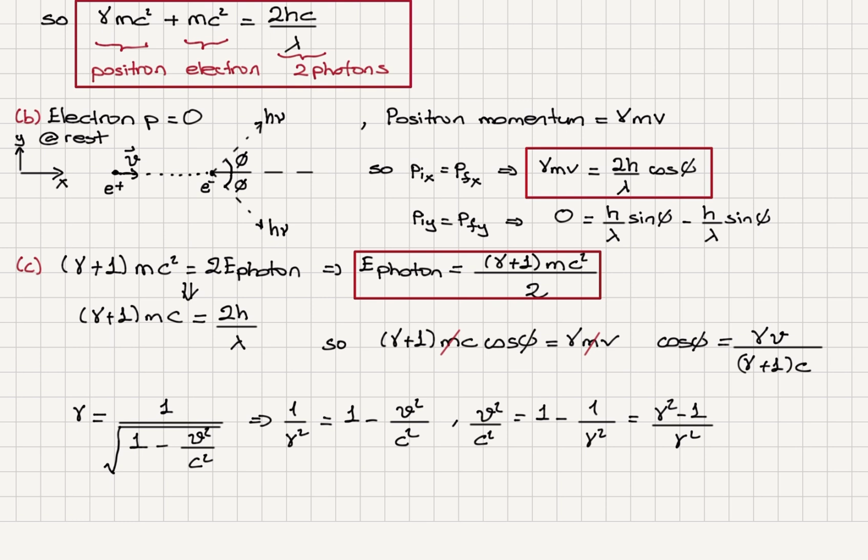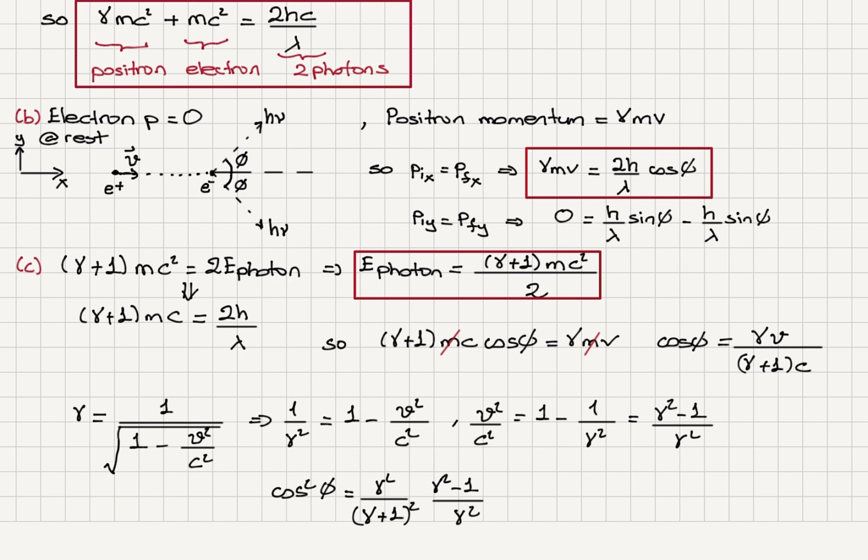But we have here cosine phi equals gamma v over (gamma plus 1) c. Let's square this equation. So I'm going to get cosine square phi is equal to v square over c square multiplied with gamma square over (gamma plus 1) parentheses square, the square of this term, multiplied by v square over c square, which is gamma square minus 1 divided by gamma square.